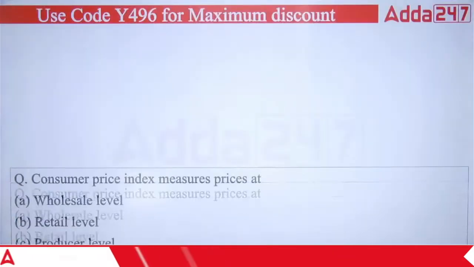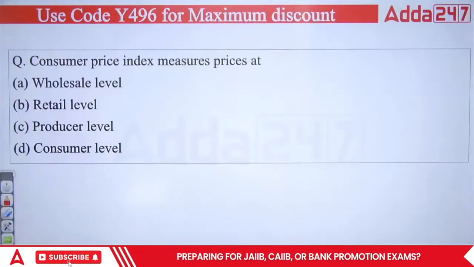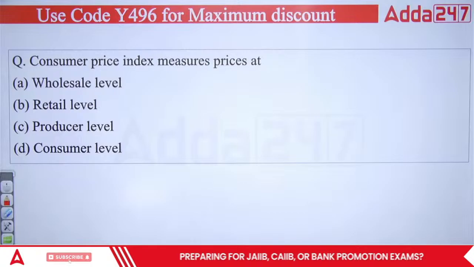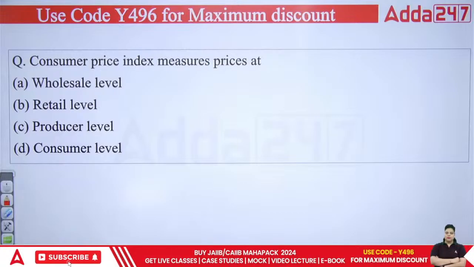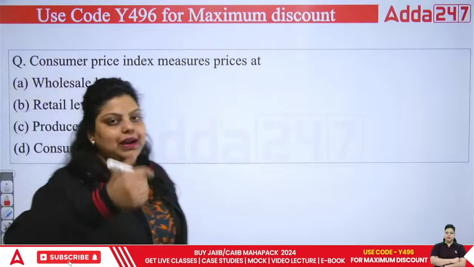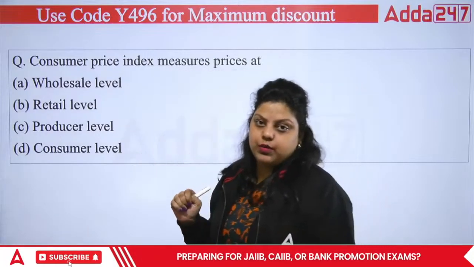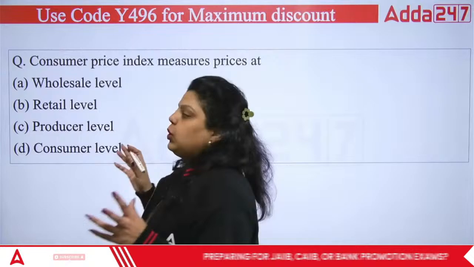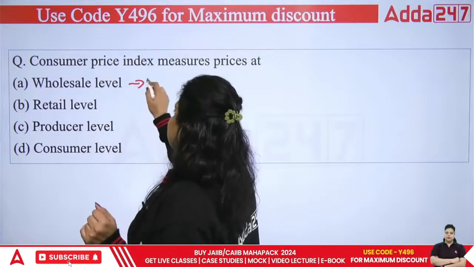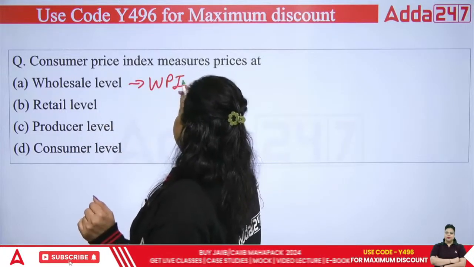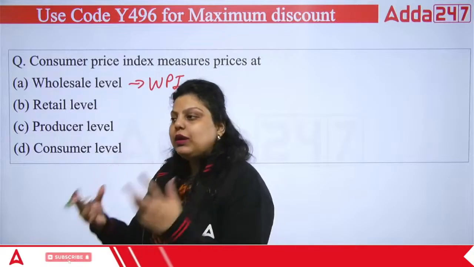So let's start with the first question. The first question is asking: consumer price index measures prices at. As I have told you, we have consumer price index, wholesale price index, producer price index, and index of industrial production. The wholesale price index calculates the inflation at the wholesale level. What is the wholesale level?